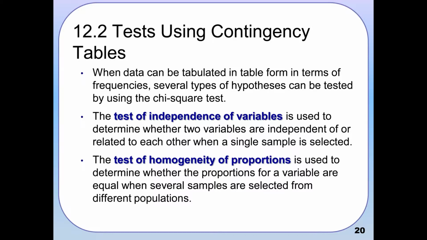The test of homogeneity of proportions is used to determine whether the proportions for a variable are equal when several samples are selected from different populations.